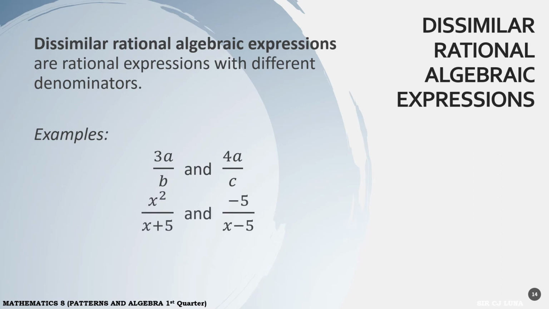Another, we have x squared all over x plus 5 and negative 5 over x minus 5. And then we also have x squared over x plus 2 and 3x plus 2 over x plus 1. So if we have examples like this, how are we going to perform operation, addition and subtraction to them?